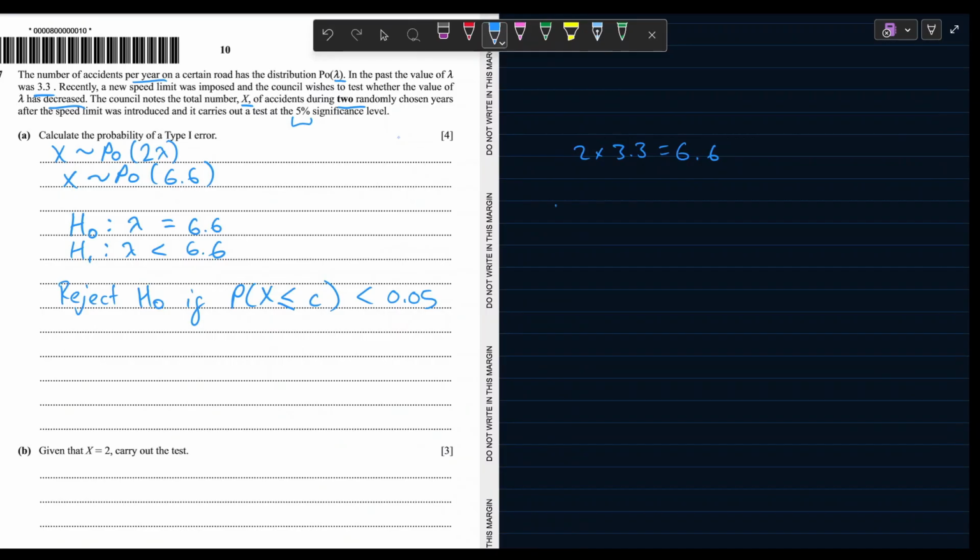For example, we can start by evaluating the probability that X is less than or equal to 2.